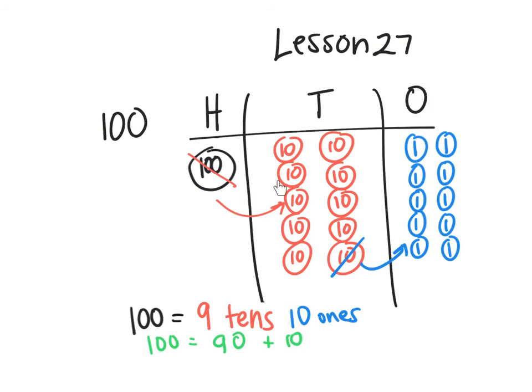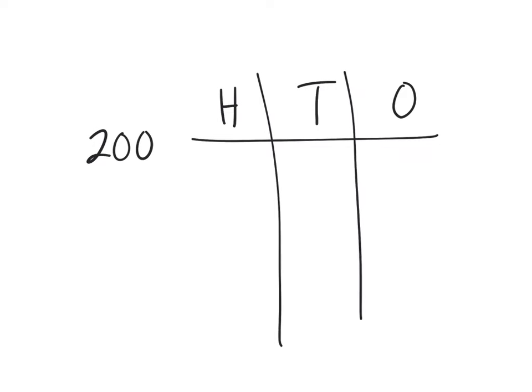Okay, so we can break down these numbers. So let's try it with 200 now. Let's say I have 200 and I want to break this one down into hundreds, tens, and ones. Well, first, how would I show 200 in the largest form on a place value chart? I would put that over here, there's 100, 200.